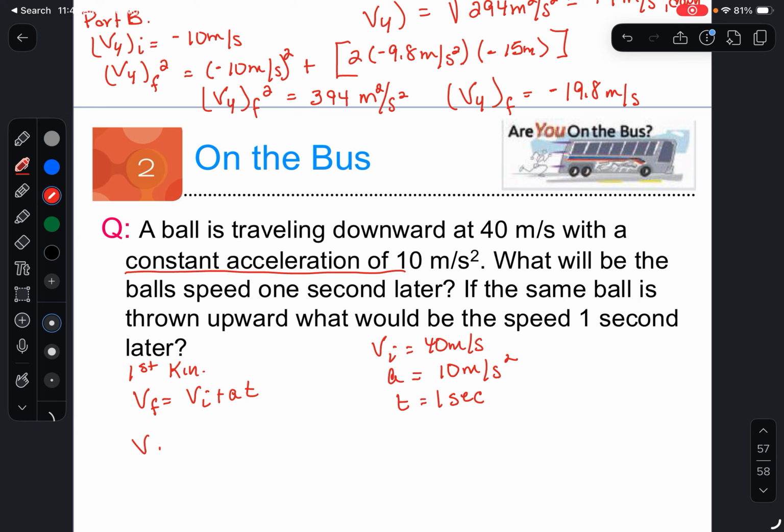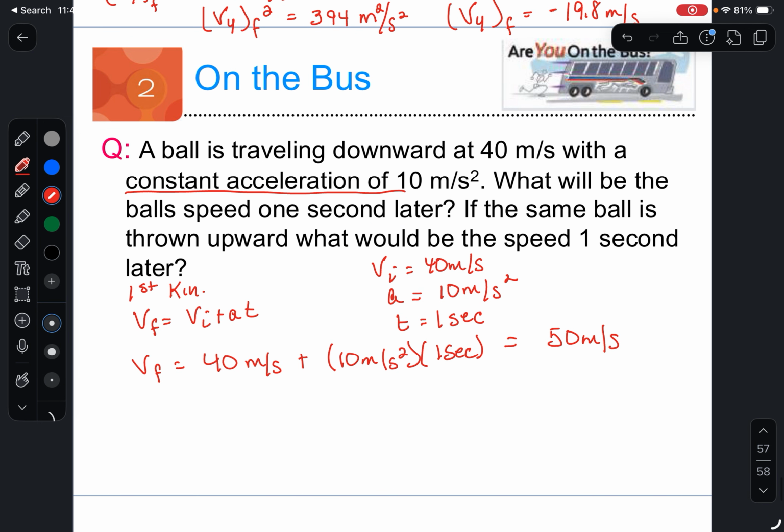So we have Vf equals 40 meters per second plus 10 meters per second squared times 1 second, and that's going to give us a Vf of 50 meters per second.